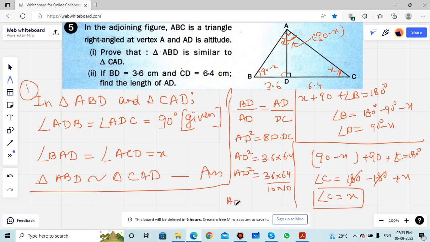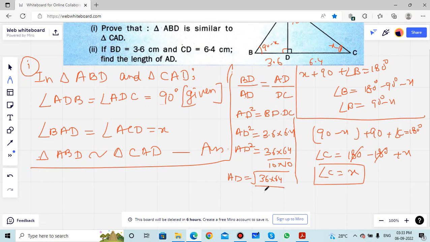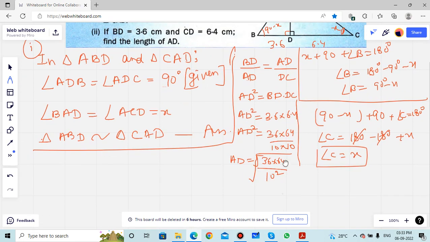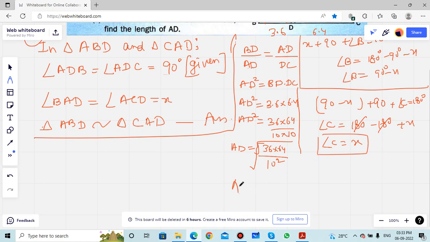So AD will be equal to under root of the entire thing, 36 into 64 upon 10 square. If you solve that further, AD will be equal to 36 is 6 square, understood? And 64 is 8 square, and this is 10 square under root.